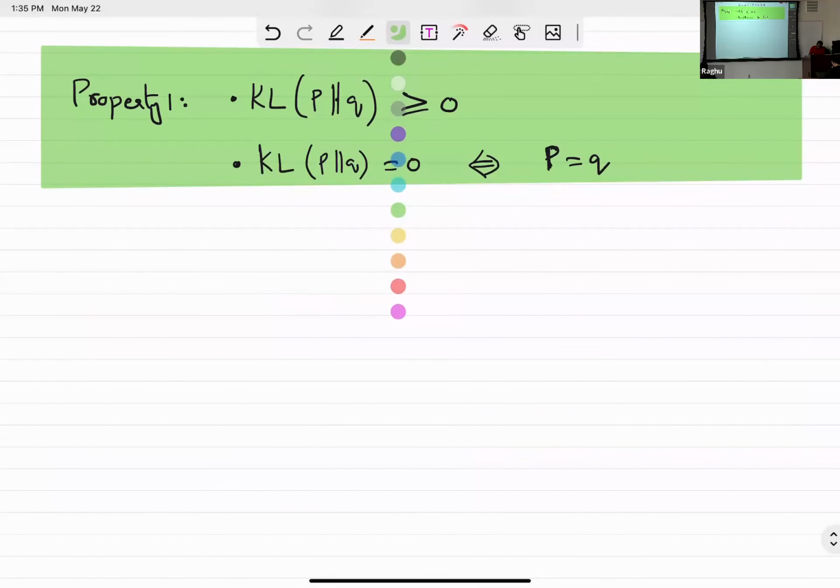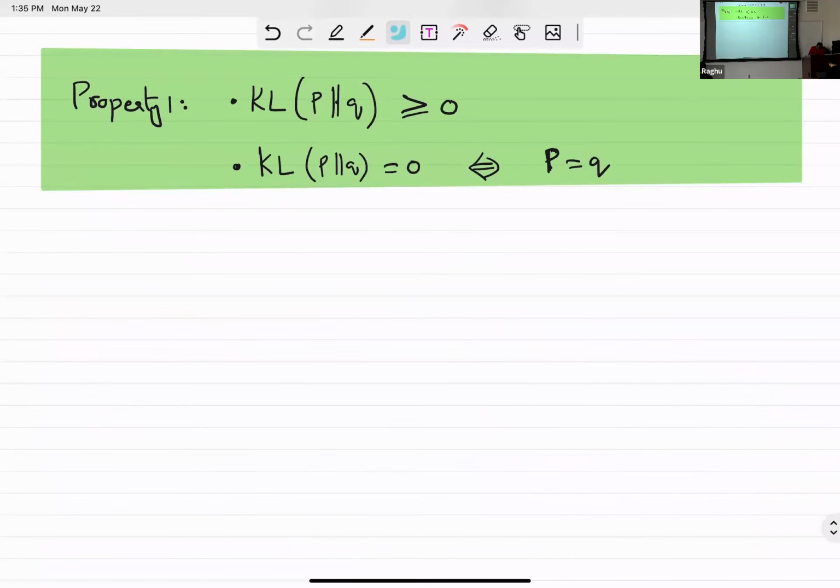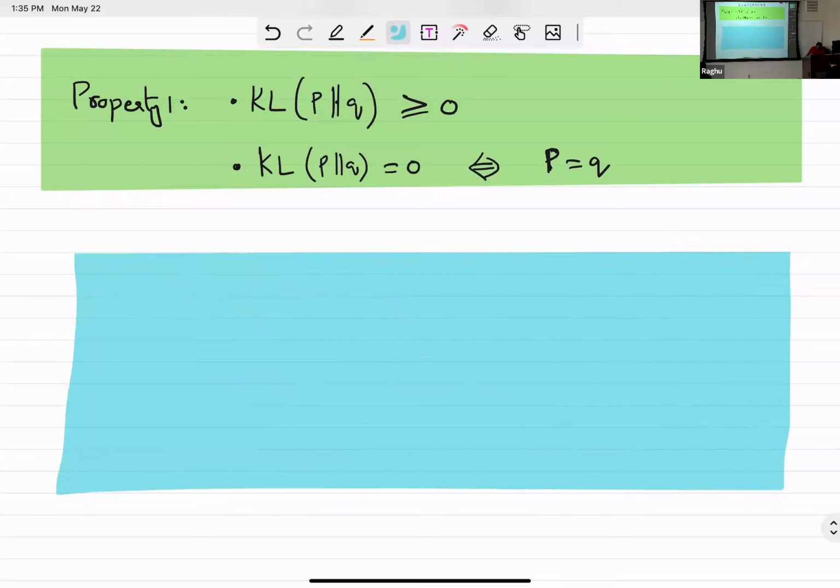And now that we have the notion of distance, KL divergence, we can formulate our question again. So what's the algorithmic question that we are studying? What Chow and Liu studied was the following.